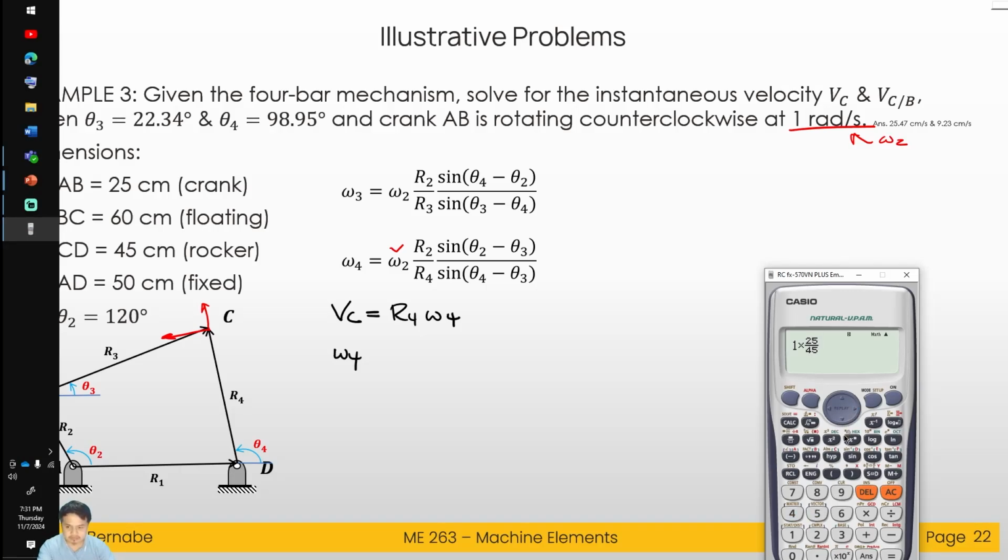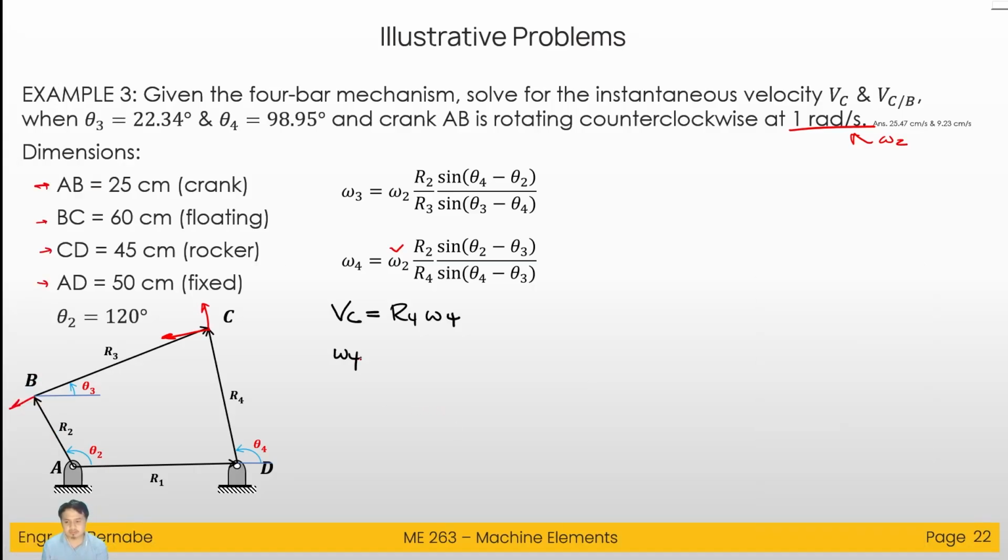And then you have sine of theta 2, so 120 minus theta 3, which is 22.84, and then all over sine of theta 4, so 98.95 minus theta 3, which is 22.34. So you have 0.566 radian per second.